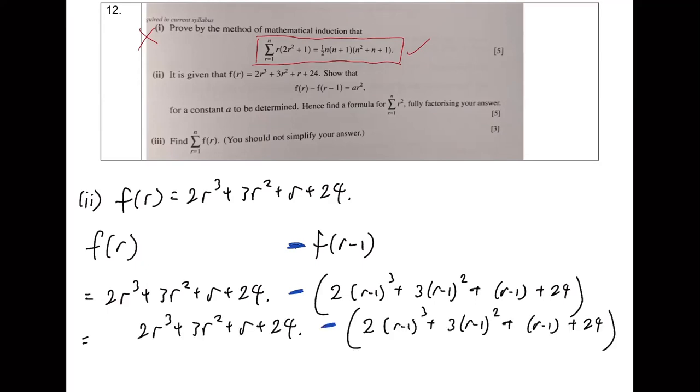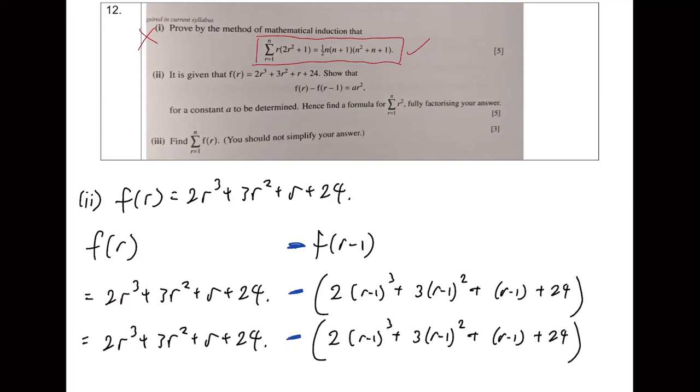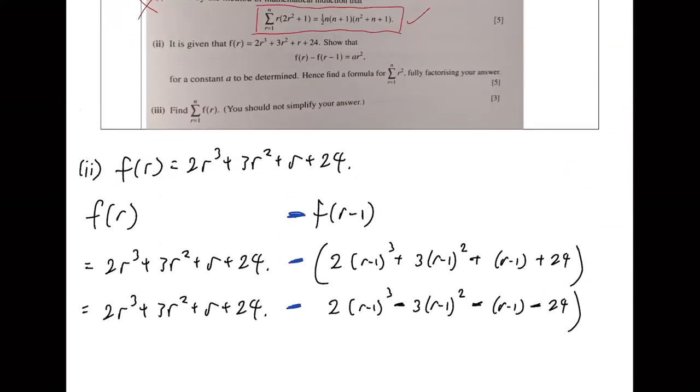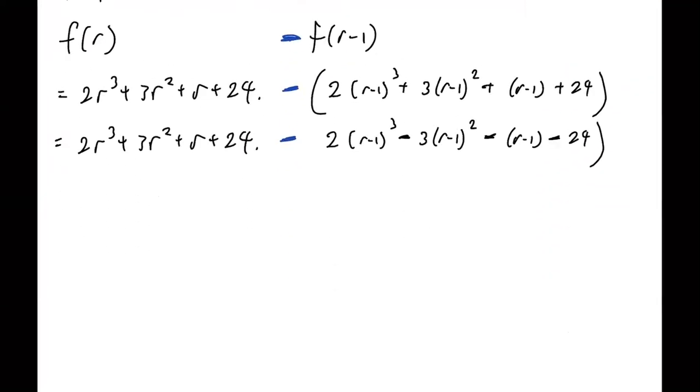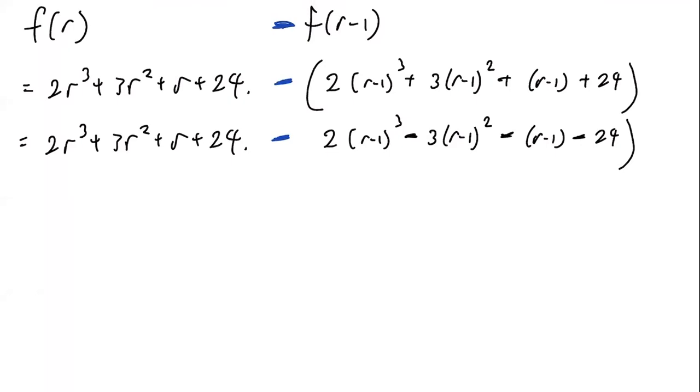Distribute the minus sign, so we end up with minus, minus, and minus. We need to simplify down to a r squared, for some a. Let's see how we can do this. We can't really simplify anything in the first 4 terms, so the rest we have to multiply out and expand.